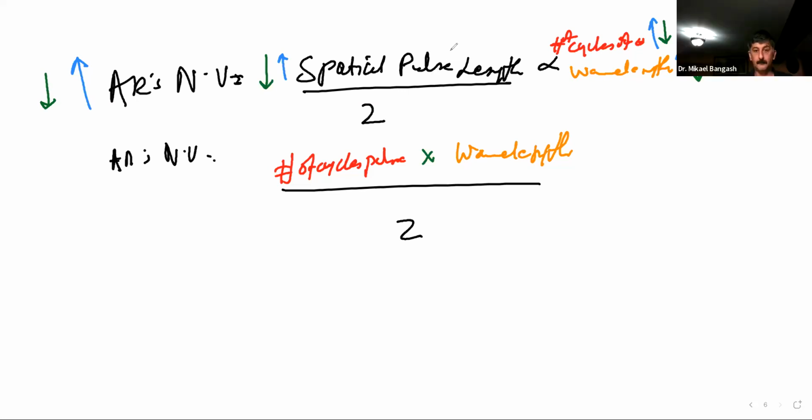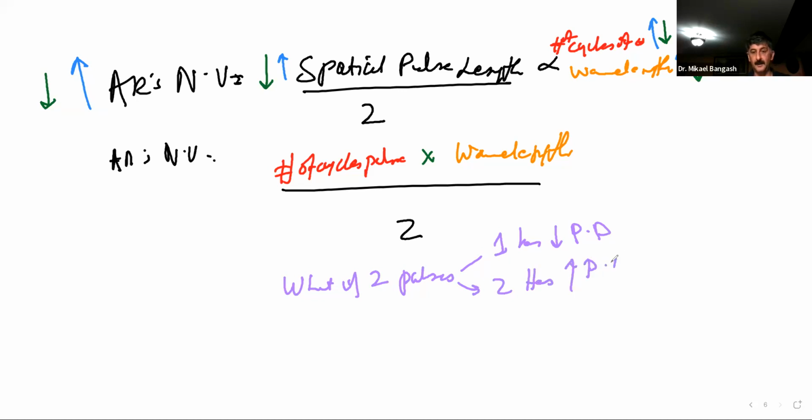Now, you may be asked, what if two pulses, say that one has a low pulse duration and the second one has a great pulse duration.